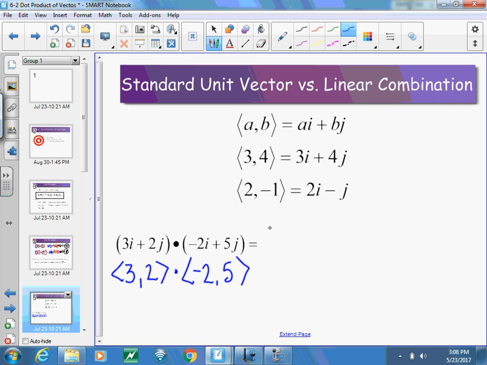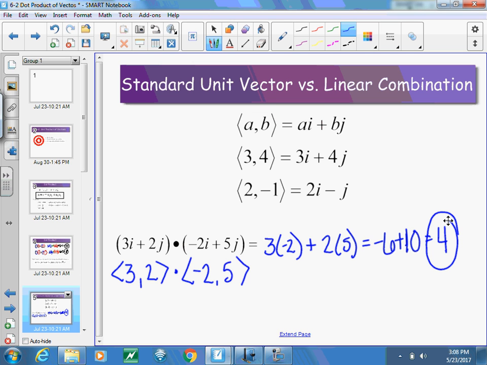And so we're going to go ahead and do our dot product. So I would take 3 times negative 2, and then add it to 2 times 5. So negative 6 plus 10 ends up giving us a positive 4. And so here we end up with 4 for the dot product of the two.